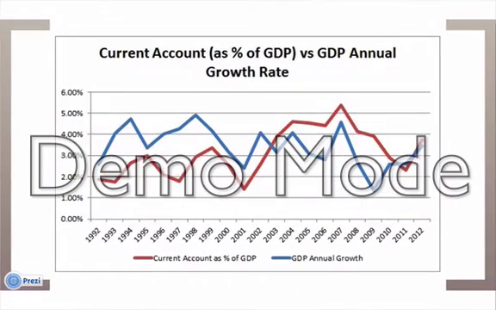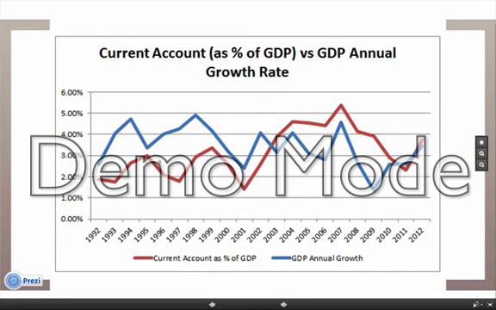So first off with Australia, as you can see here, as the GDP grows, there's also a corresponding increase in the current account balance, and that's a fairly consistent trend.